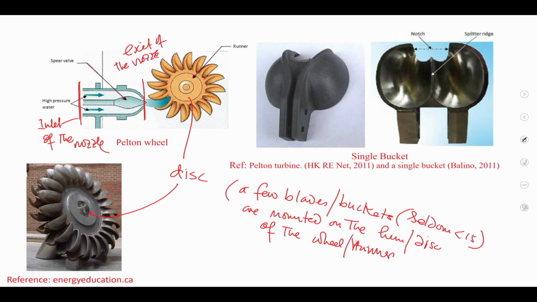What we can see is that the water is coming out in the form of a jet, before it strikes the blades or buckets of the turbine.